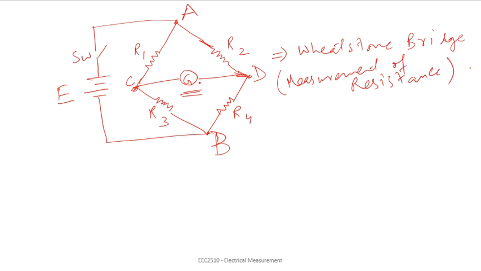Okay, so when there is no current through the meter, the pointer of this galvanometer will remain at zero position. And if there is a current in one direction, then it will cause the pointer to deflect on one side and the current in the opposite direction to the other side.